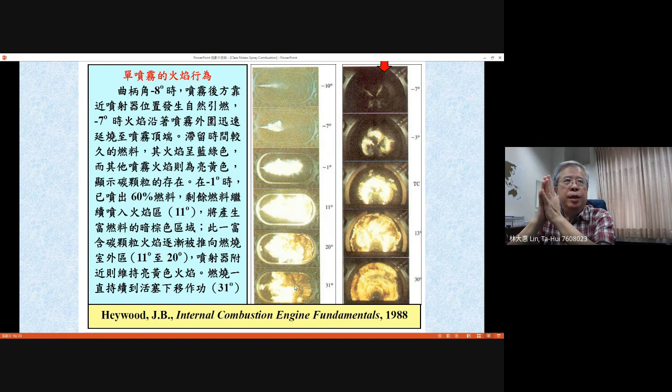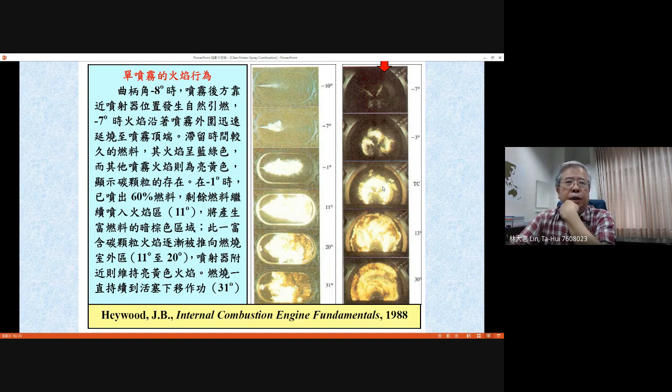But in many applications, you try to enhance the mixing and also the burning in a short time interval for diesel engine operation. Then people try to introduce the swirling effect, because the swirling will enhance the mixing of your liquid droplets with the air. This is on the right-hand side.